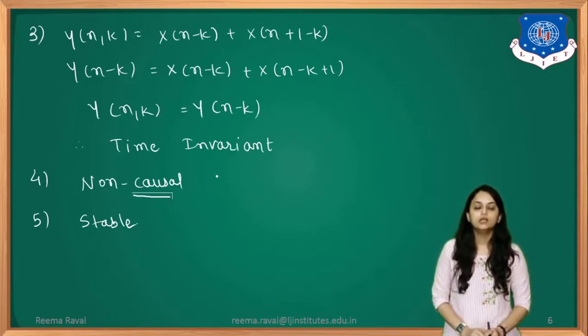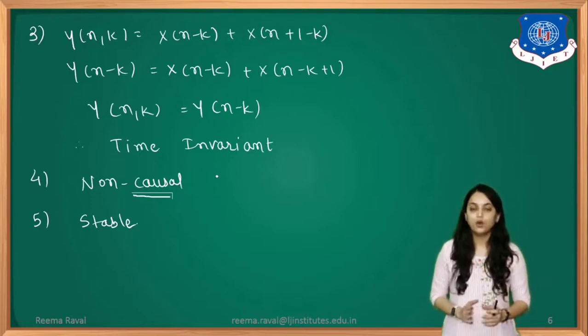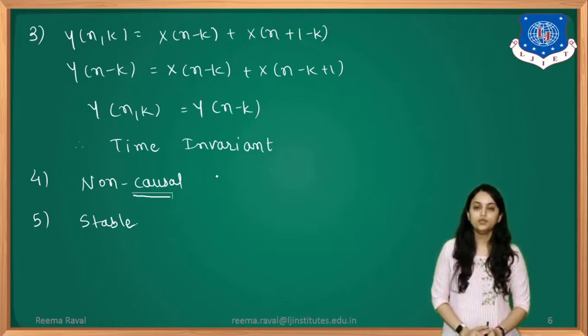Now next property is to check whether the system is stable or unstable. It satisfies the BIBO condition, bounded input and bounded output. Here we do not have an n term outside the output function, which could make the system output infinite.